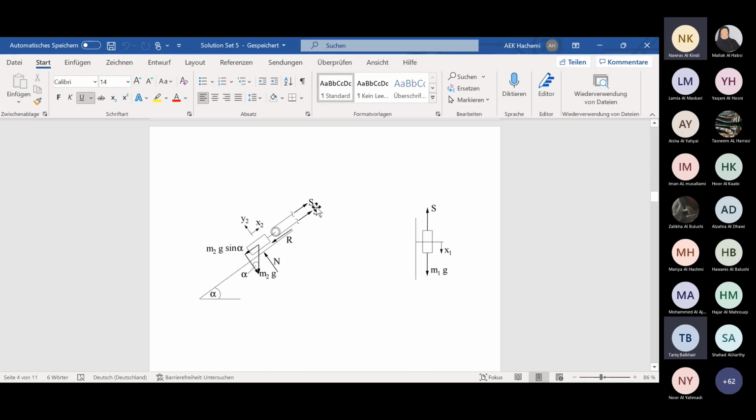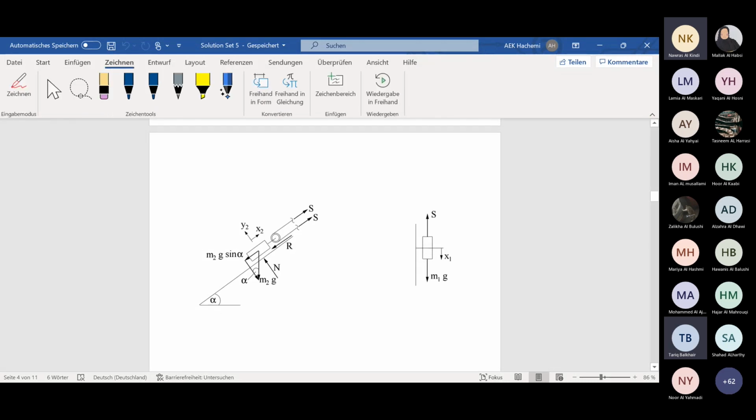In this case, as forces, we have N, the contact force, and we have the friction force R, which in our case is only the friction coefficient multiplied by the normal or contact force N. This is the relationship between R and N.